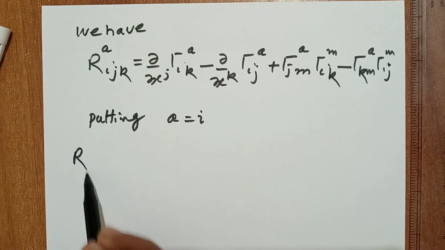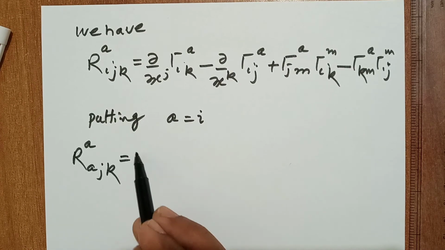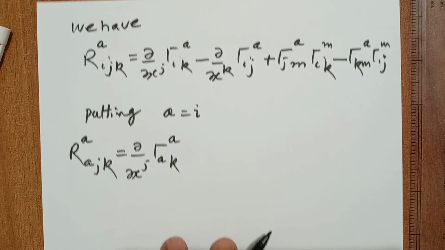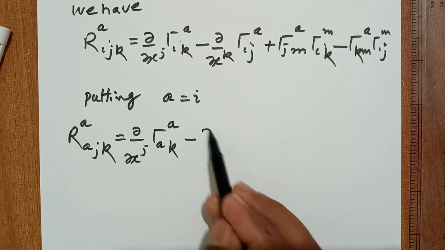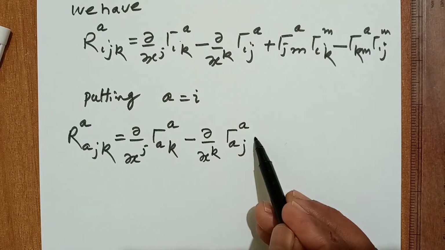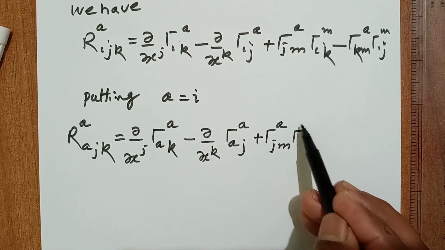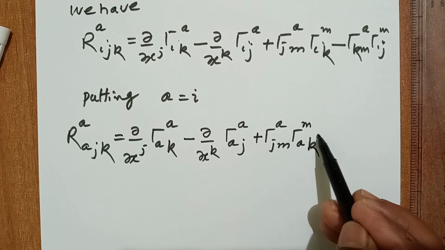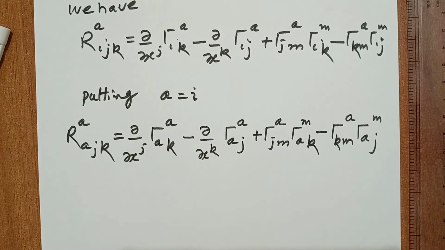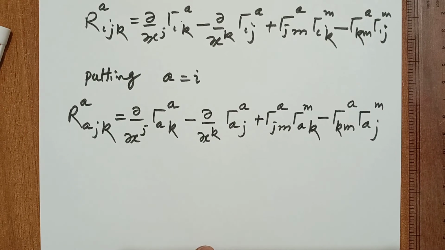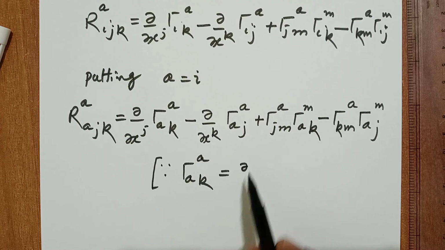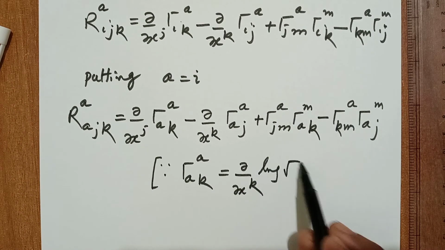Here R^i_{ijk} = ∂/∂x^j Γ^i_{ik} − ∂/∂x^k Γ^i_{ij} + Γ^i_{jm} Γ^m_{ik} − Γ^i_{km} Γ^m_{ij}. Now by the property of Christoffel symbols of second kind, Γ^i_{ik} = ∂/∂x^k log √g.